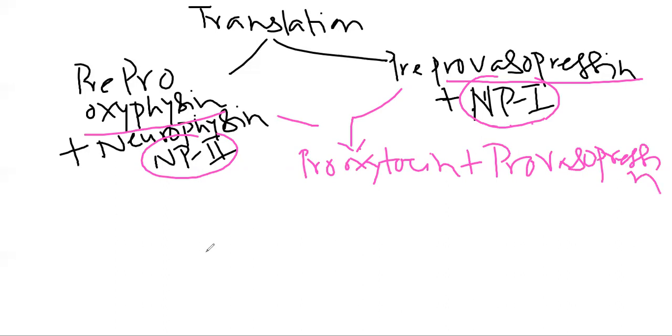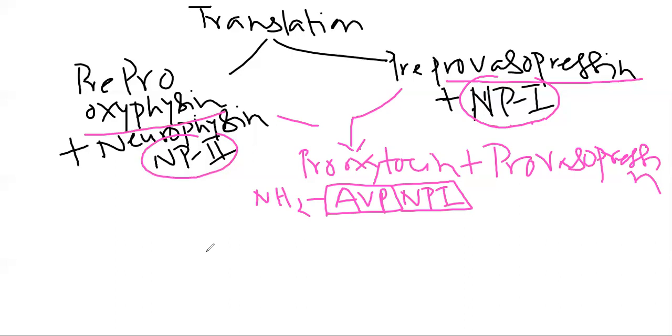Okay, they are present in the Golgi body complex, packed in the Golgi body complex, and the structures will be like this. On one side there is the amino terminal, then AVP or the vasopressin, then there is neurophysin 1 for the vasopressin and neurophysin 2 for the oxytocin, and one glycoprotein, and the last segment is the copeptin segment or the acid segment.